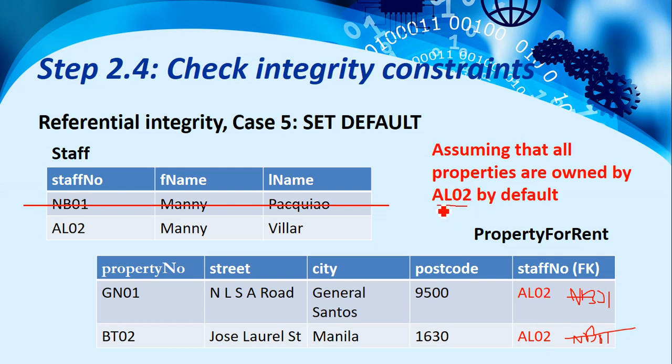And let's say if the default value is AL03, then the value from NB01 will become AL03 instead. That's all. Okay?